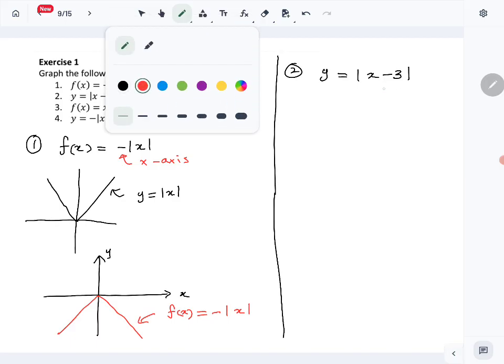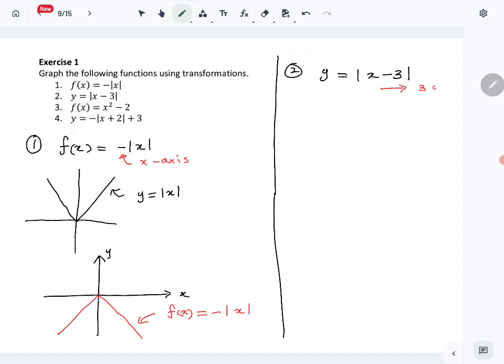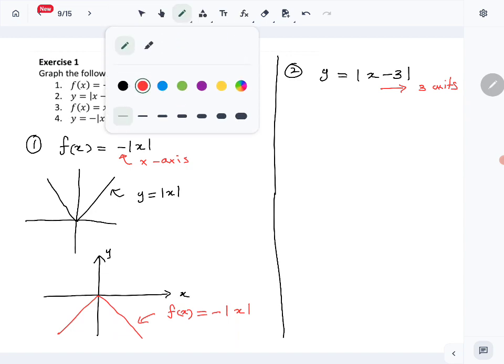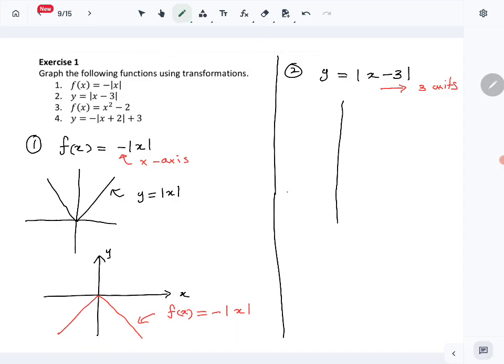Minus means 3 units to the right. So we have to shift this absolute value curve 3 units to the right to get the curve of y equals absolute value of x minus 3. So what will happen? In the original curve it's 0, no? So now shift 3 units to the right, so that will become 3. The vertex is 3. Then the same shape, you just draw the V shape.